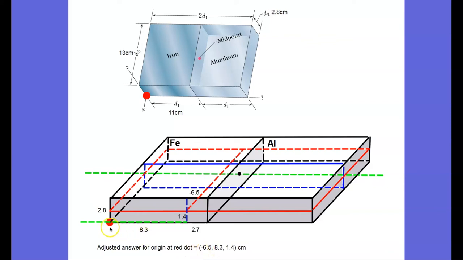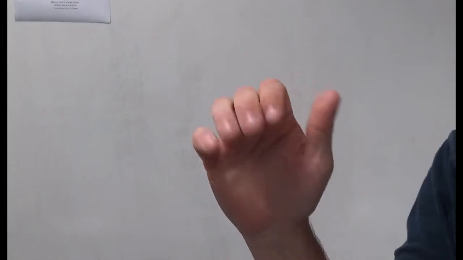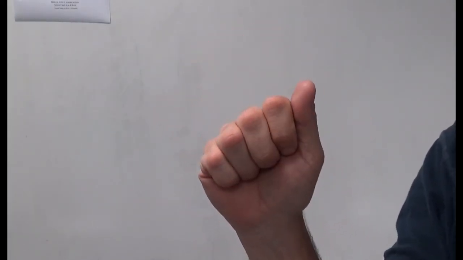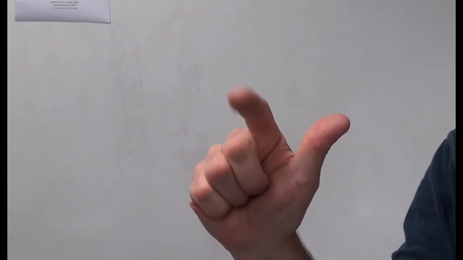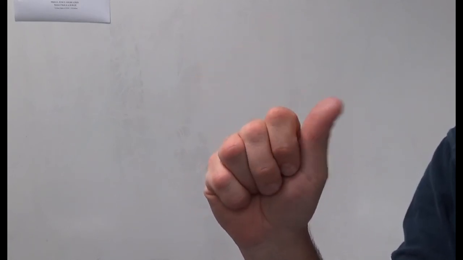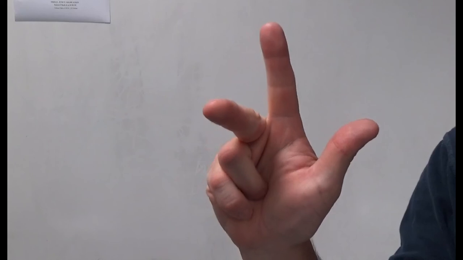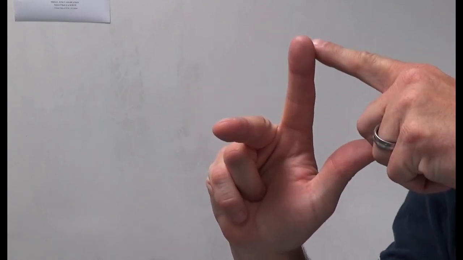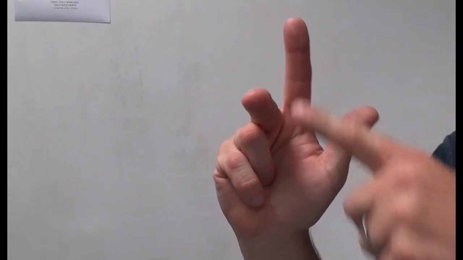Let's recall the right-handed coordinate system. The right-handed coordinate system starts with your right hand, of course, and then you start counting with your thumb. 1, 2, 3, x, y, z. So if you do that, this is always the positive x, this is always the positive y, and this is always the positive z.